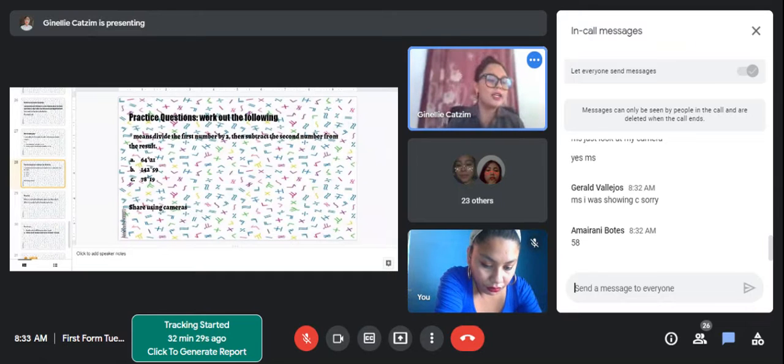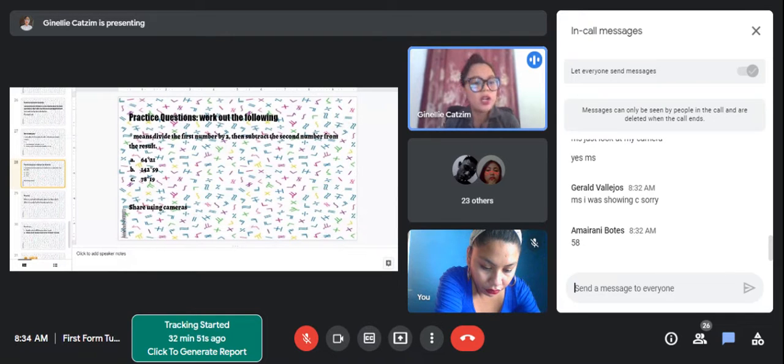So in these practice questions, you need to follow directly what the statement is telling you. The symbol tells you to divide the first number by 2. So we divide 64, 142, 178 by 2. That is our first step. Then we subtract the second number from the result.